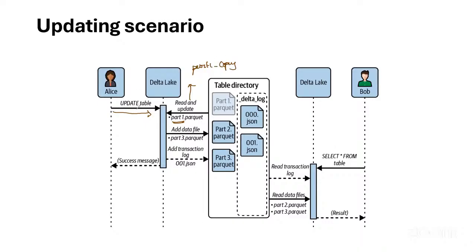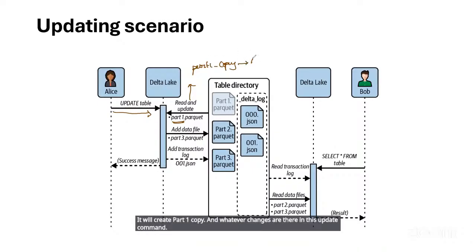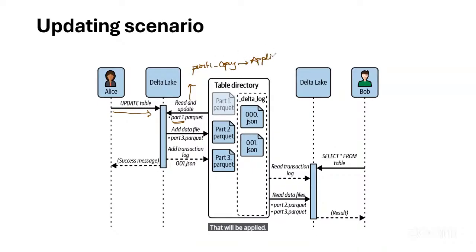And whatever changes are there in this update command, that will be applied. Now this part 1 copy will be saved as part 3 after applying the changes. It will become the part 3 file.